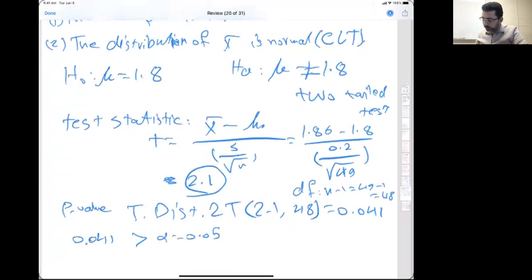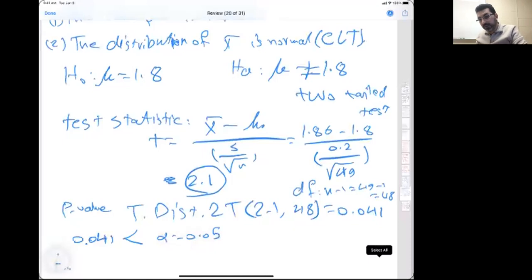Oh, sorry, I put greater than. Sorry. So according to this comparison, we can find the p-value is less than alpha, right? The p-value is less than alpha.